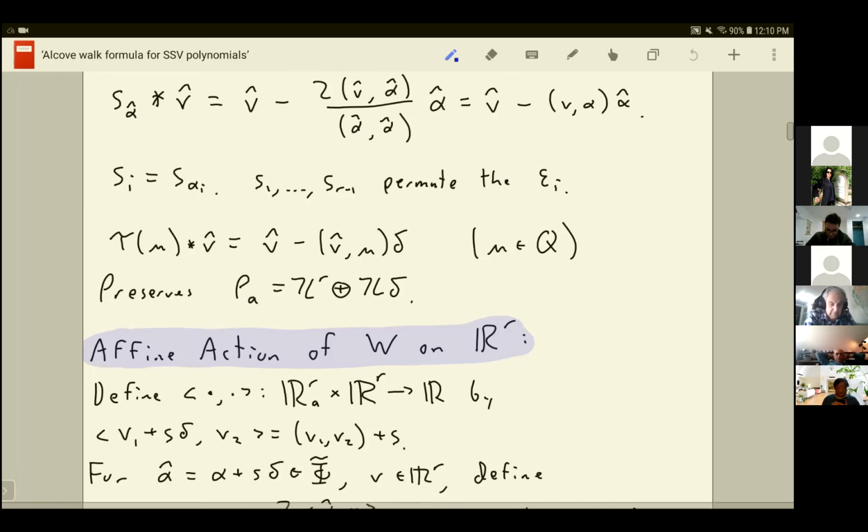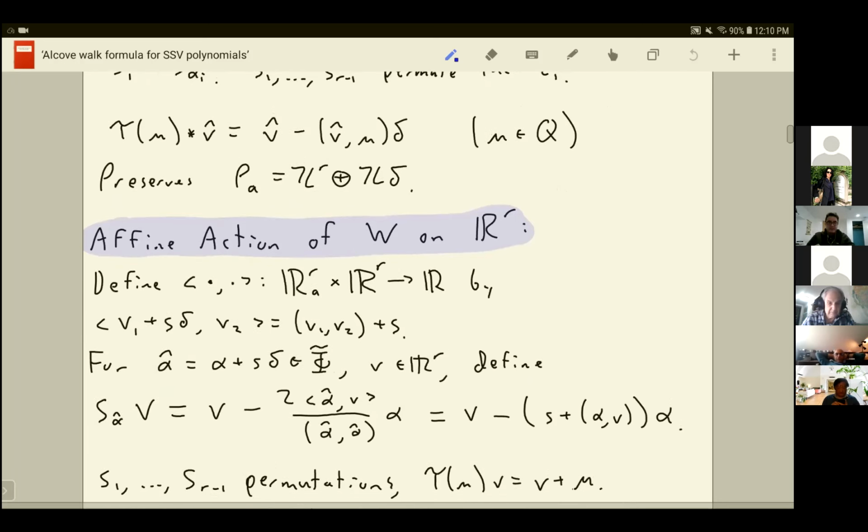And, I seem to be lagging. There we are. So for each affine root, we can define the affine reflection. So this is a reflection on R^r now. And under this action, still s_1 to s_{r-1} are just permutations. And the translations are legitimate translations on this space.